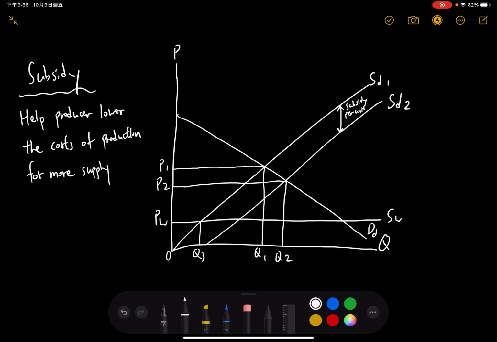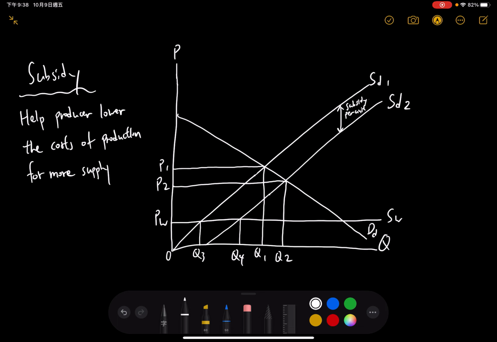But don't forget, because they are receiving a subsidy, they are better able to reduce the cost of production, so they are still getting some benefits. It's going to benefit more domestic producers to produce more, so we should look at another domestic supply curve. Because of the subsidy, more producers are actually able to survive, so now the domestic production is increased to Q4 right here.